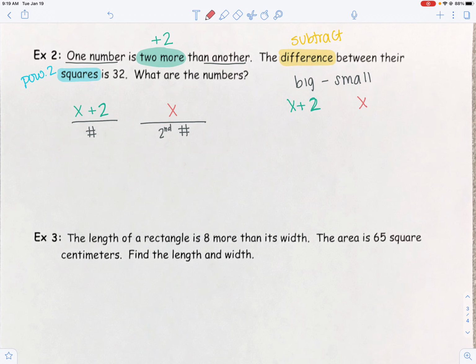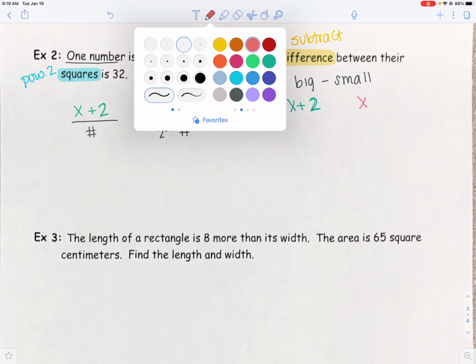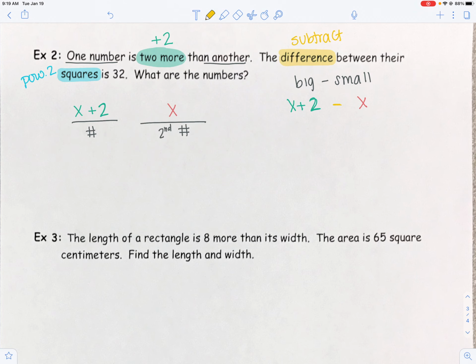Now I need to take care of the second sentence, where it says the difference between their squares is 32. Difference means subtraction. Squares means I'm going to put both of these to the power of 2.